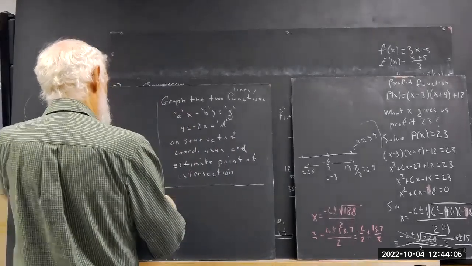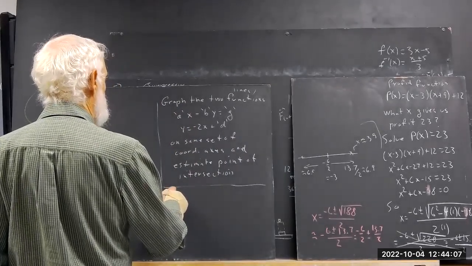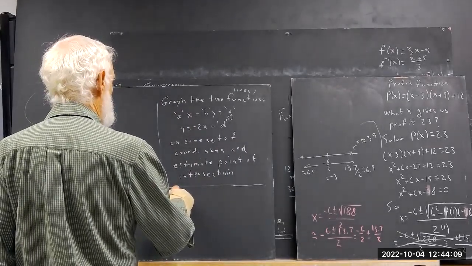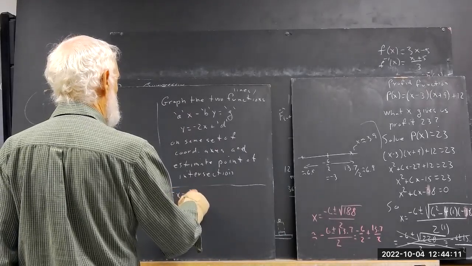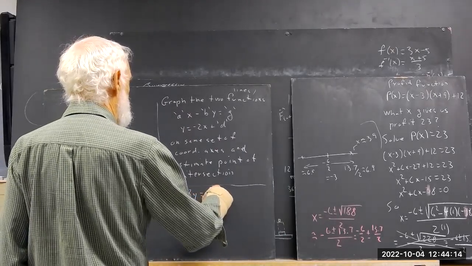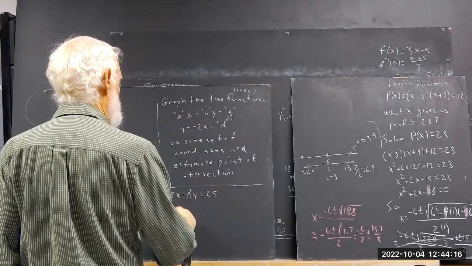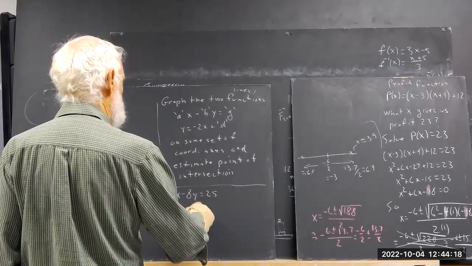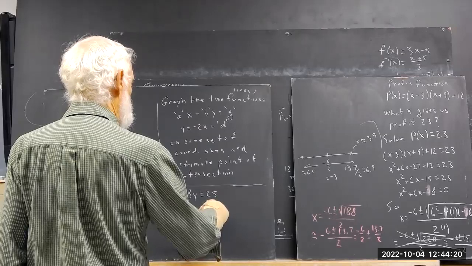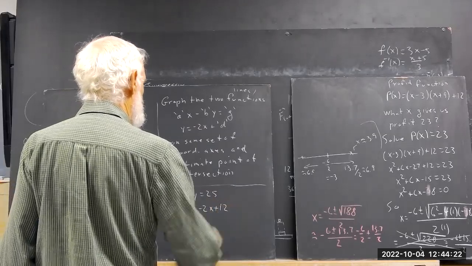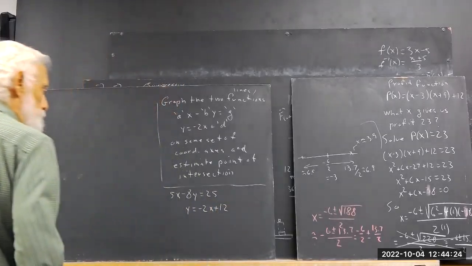So let's say we've got 5x minus 8y equals 25. And y equals negative 2x plus 12. Okay.